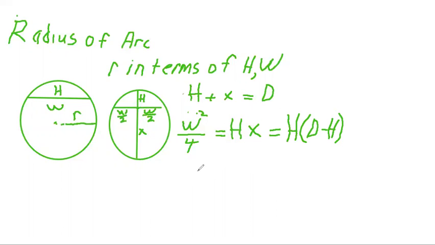So right here, we end up with, let me try to write right underneath it, folks, and see how well this works out. We still have W squared over 4 equals H times D minus H squared.